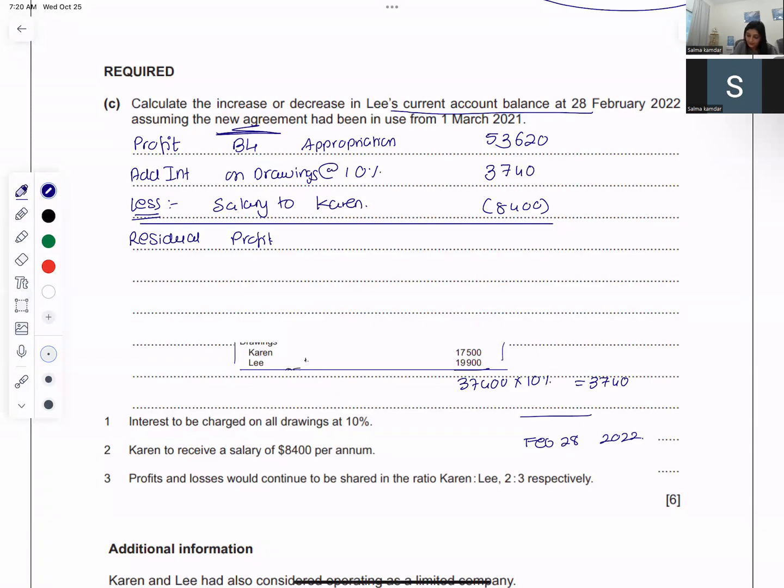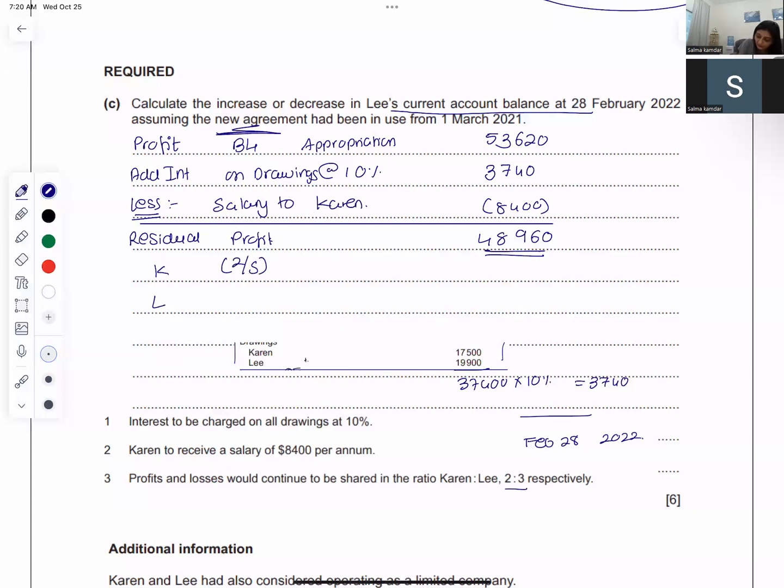So my residual profit becomes 53,620 plus 3740 minus 8,400. So my residual profit is 48,960. This residual profit will be divided between Karen and Lee in the ratio of 2:3.